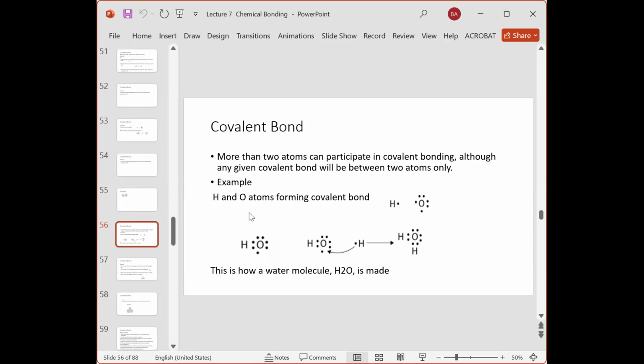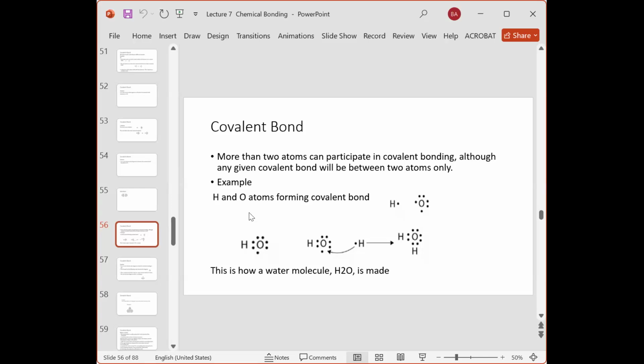So if 1 hydrogen bonds with an oxygen atom, oxygen will have 7, and hydrogen will satisfy its octet, which for hydrogen is just 2. So there should be another hydrogen that will come and bond with the oxygen. Then hydrogen will be 2 and the oxygen will be 8.